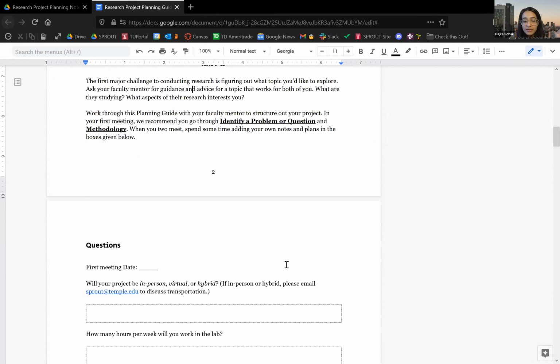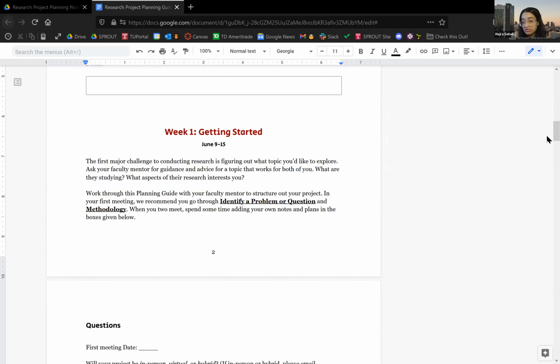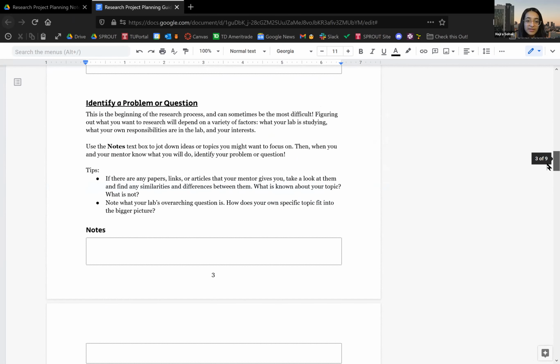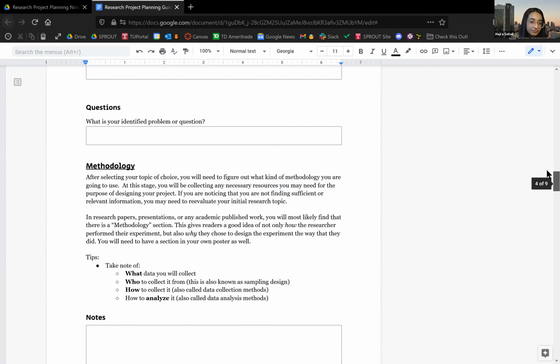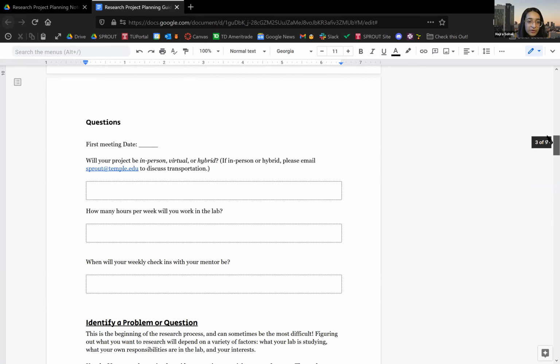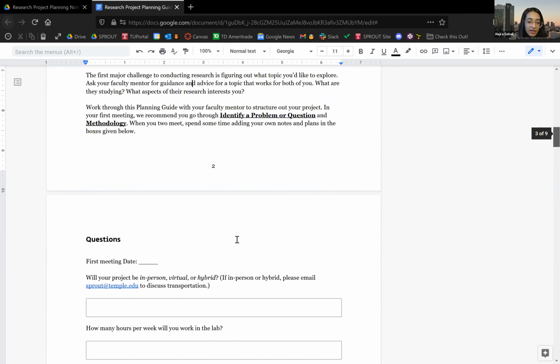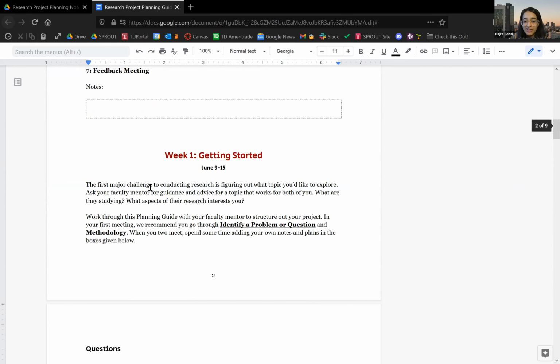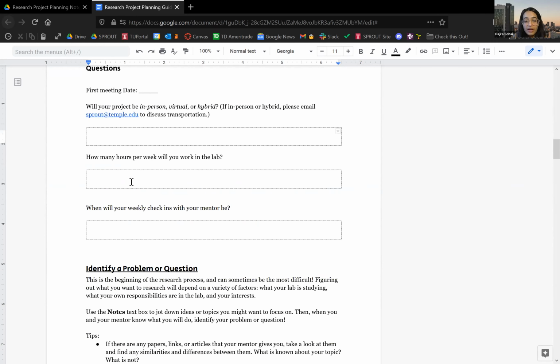This is going to be for you and your faculty mentor to schedule a Zoom meeting and work through identifying a problem or question, and methodology.